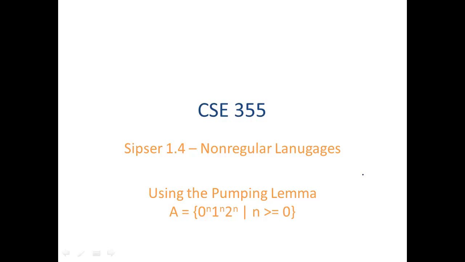And we'll actually do two ways to do this, one of which is much, much easier. So I'll show that one first. So we're going to assume that A is regular. That's the first part of the proof.